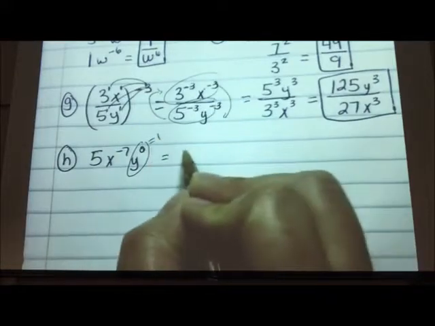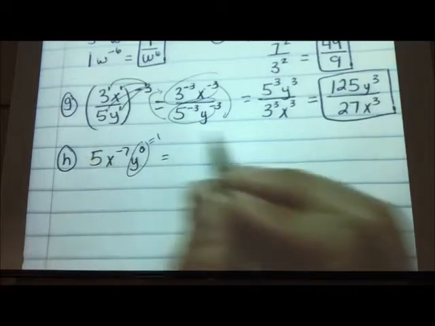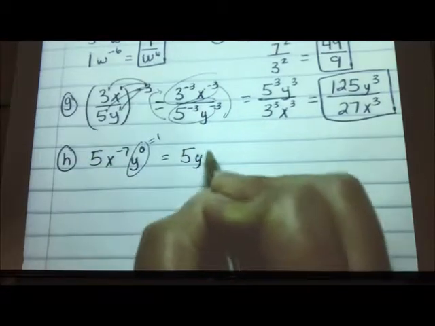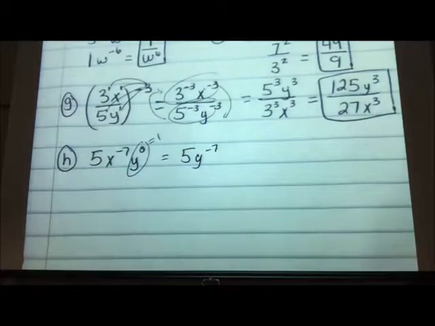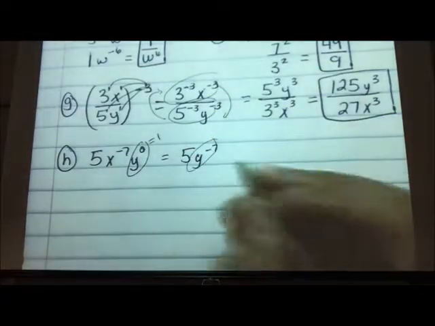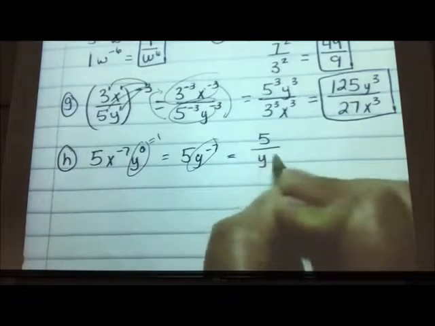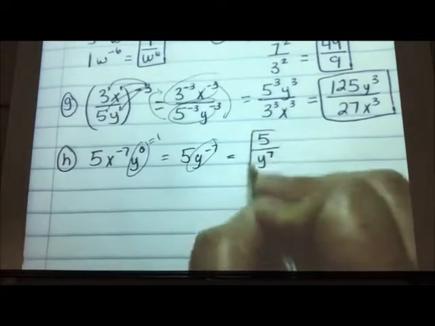So, having a 1 there is not going to change anything. It's 1 times 5, which is still 5. But there is something wrong with this. Who has a negative exponent? This guy. So we're going to have to make this a fraction, and it becomes 5 over y to the positive 7th power.